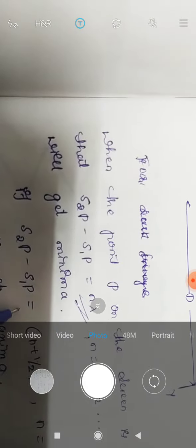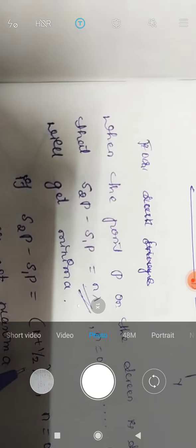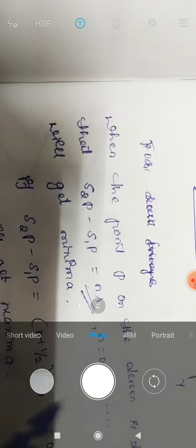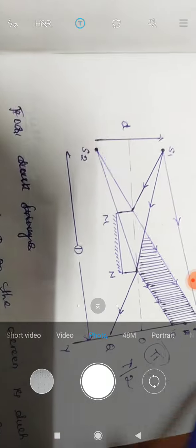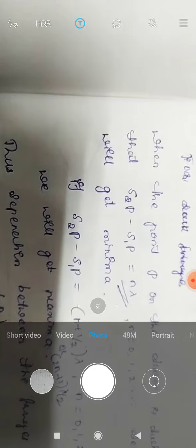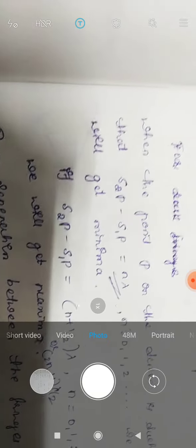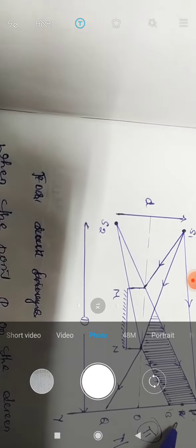Suppose S2P minus S1P is equal to (n plus half) lambda, that is, (2n plus 1) lambda by 2, then we get an intensity maximum and we get a bright fringe. So at any point where this condition is satisfied, we get bright fringes.